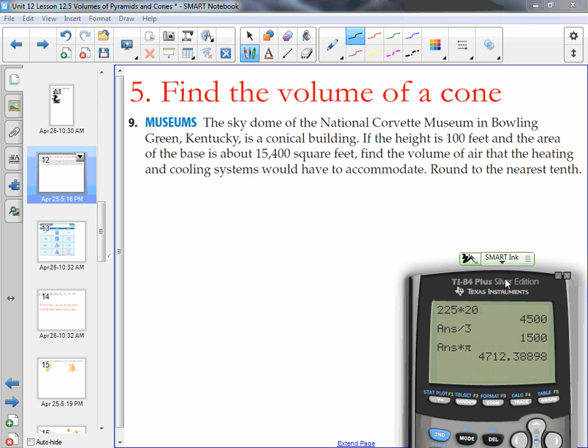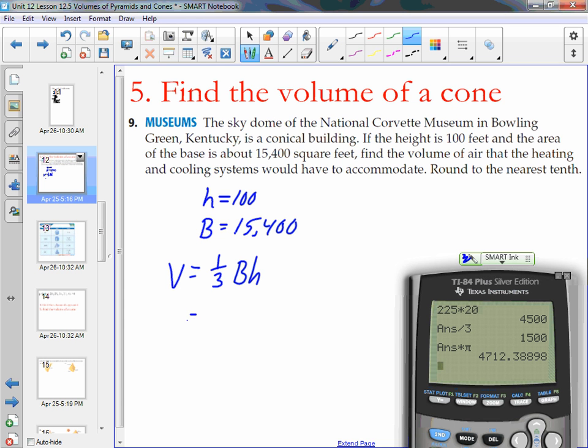Oh, wait a minute. Is this one easy? They've given us everything. They've told us that H is 100. They've told us that capital B is 15,400.